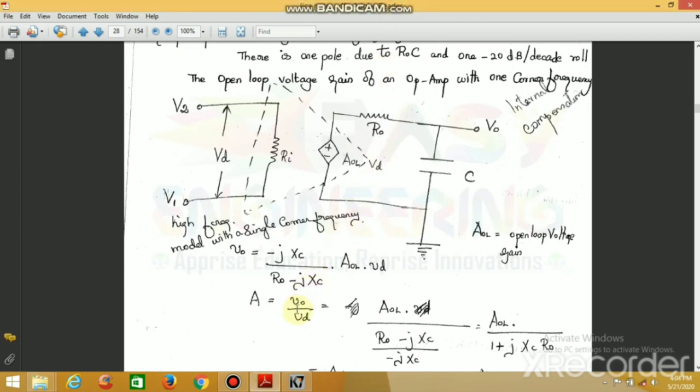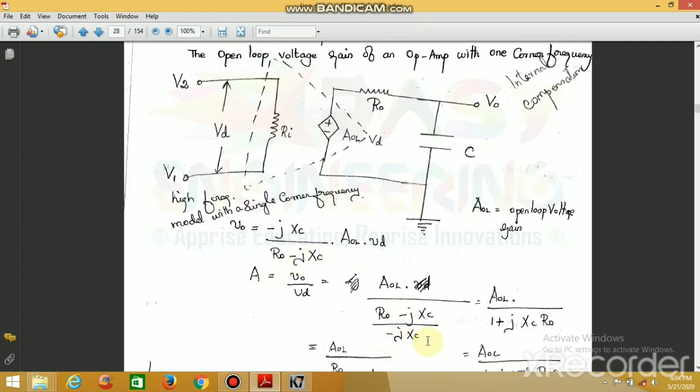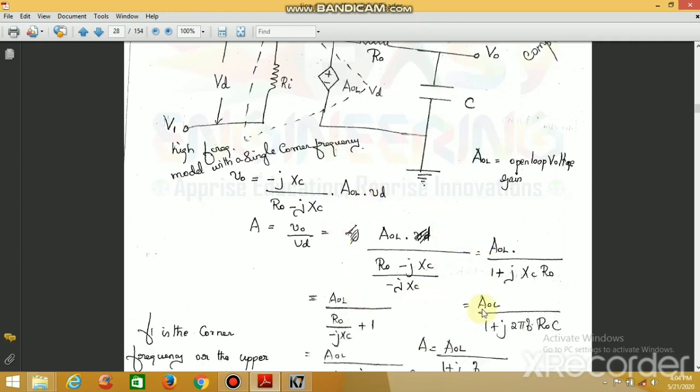The gain of the op amp is denoted as A and is calculated as V0 by VD. So when we substitute VD, we get A equal to AOL times minus jXC divided by R0 minus jXC. This equation can be rewritten as A equal to AOL divided by 1 plus jR0 by XC.